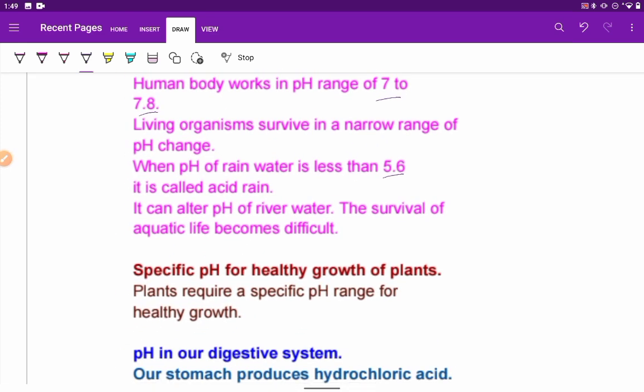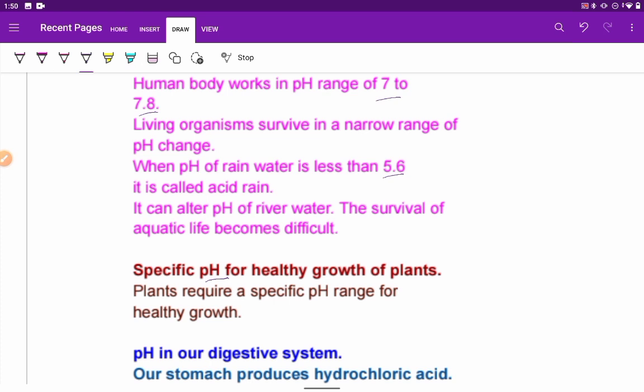And as I just told you, there is a specific pH requirement for the healthy growth of plants. All the plants require a specific pH range for their healthy growth. Therefore, we should find out the pH which is required for the healthy growth of a plant, and if we want proper growth of the plant and proper output, we should collect the soil from various places and check the pH in a proper experimental way.